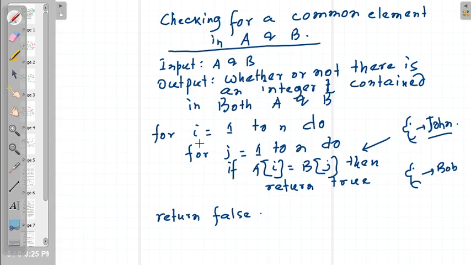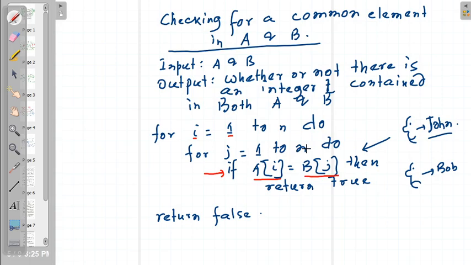So what way can you do this? We are again doing the comparison operation. For each element ai, when i equals 1, a1 will be checked with all bj's, j equal to 1 to n.